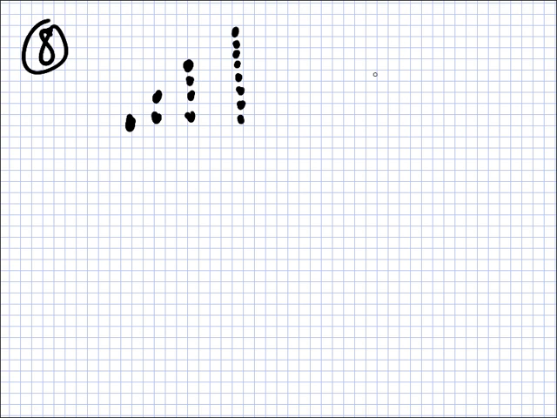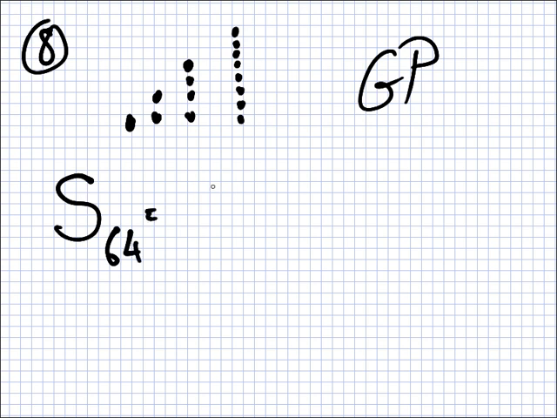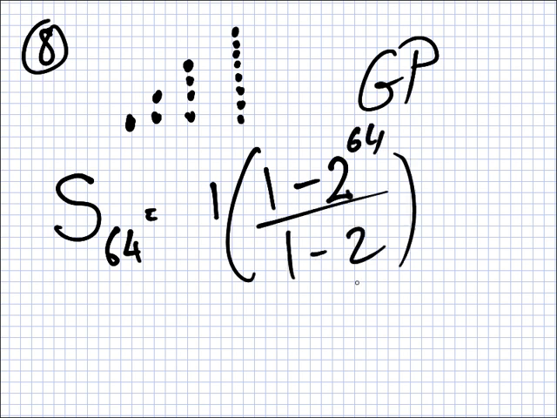So is it AP or GP? And what formula do I need? S infinity or S64? S64, which is a times 1 minus r to the 64 over 1 minus r. What's r? 2. So it's 2 power 64 minus 1 over 2 minus 1, which is equal to 2 power 64 minus 1.